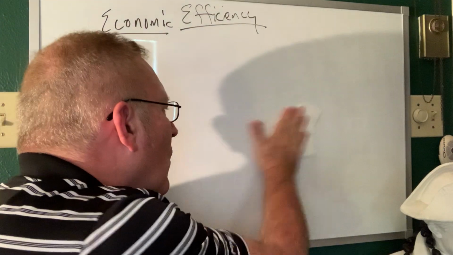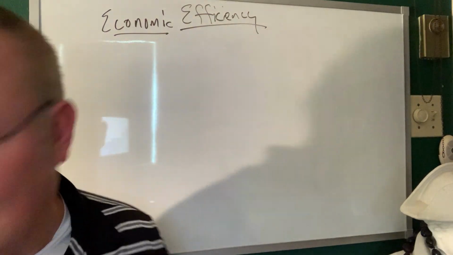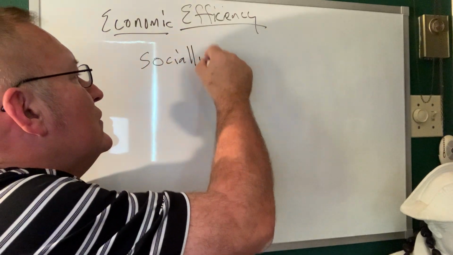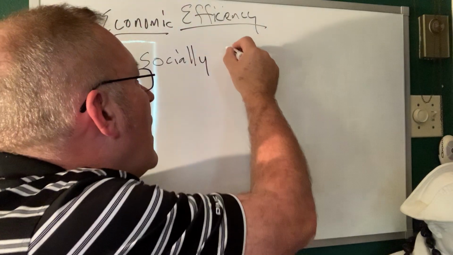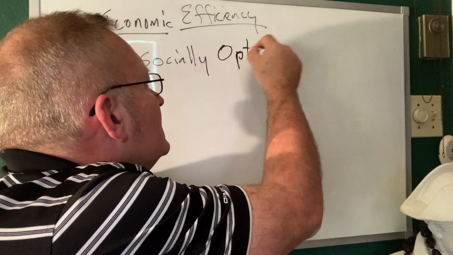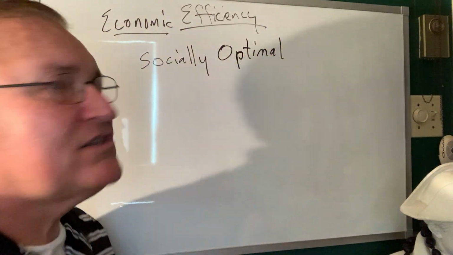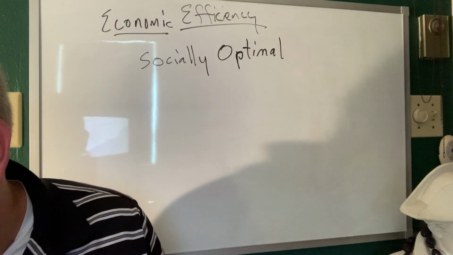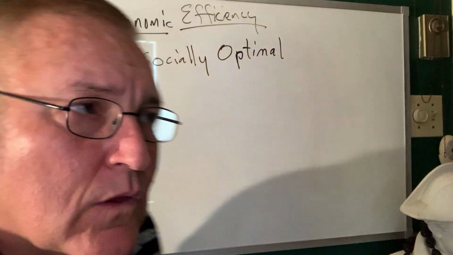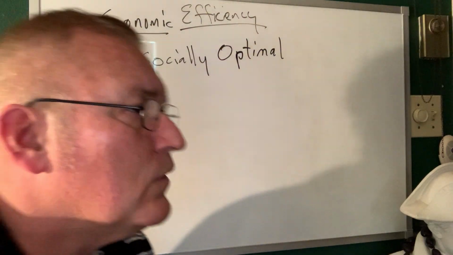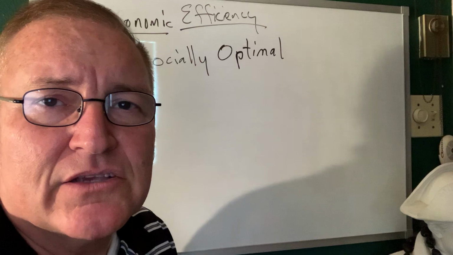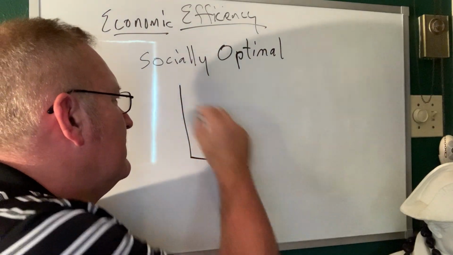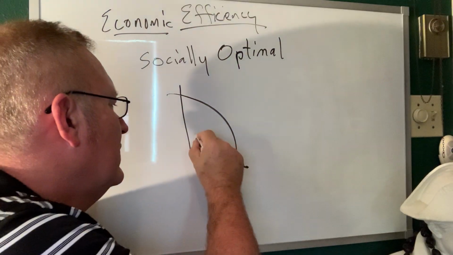Now, what is best for society? The term I'll use is socially optimal. What is socially optimal? What is best for society? And the easiest way to understand this, remember back when we talked about the production possibility curve, right?